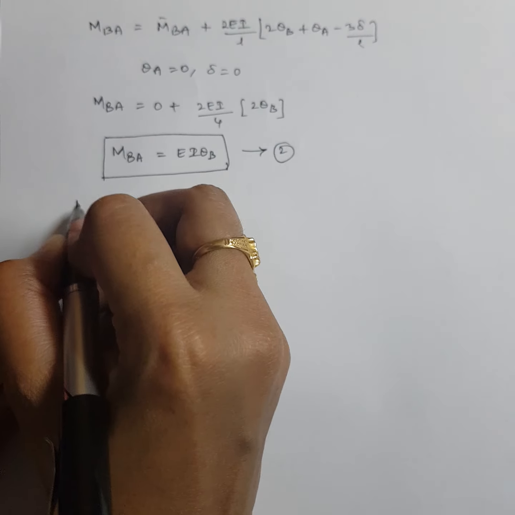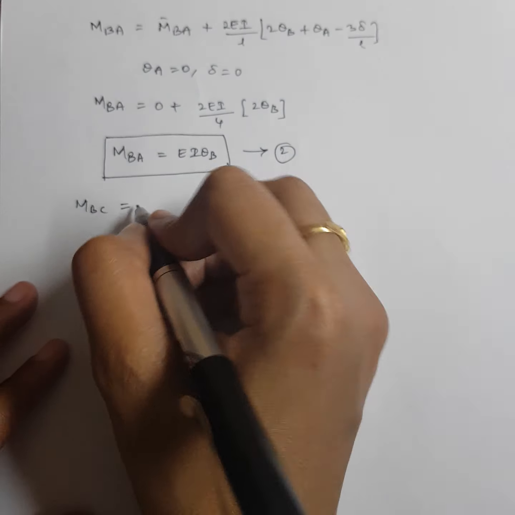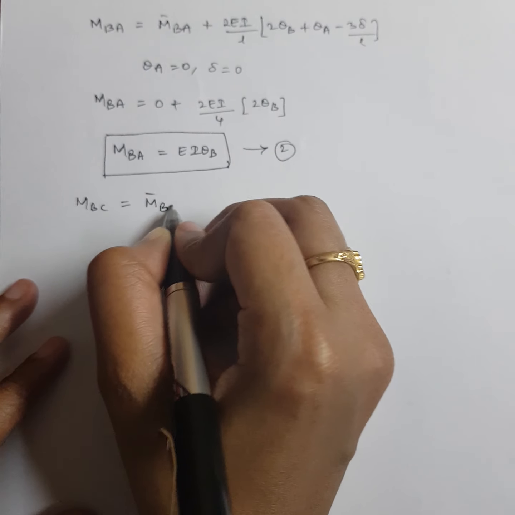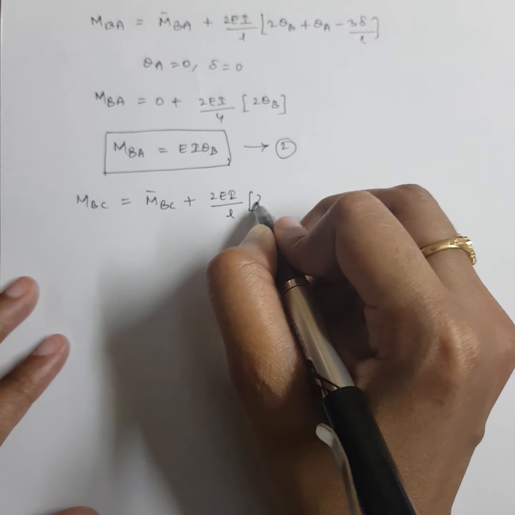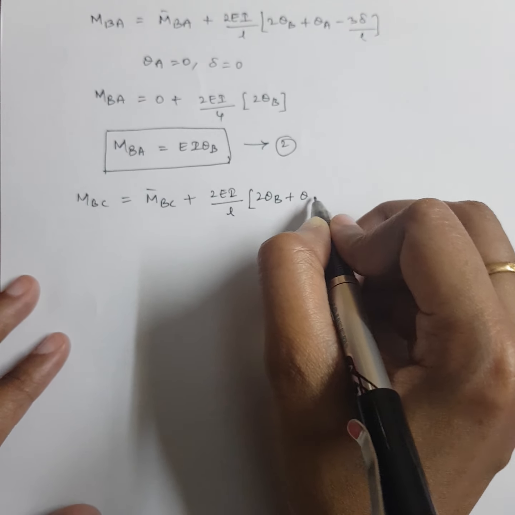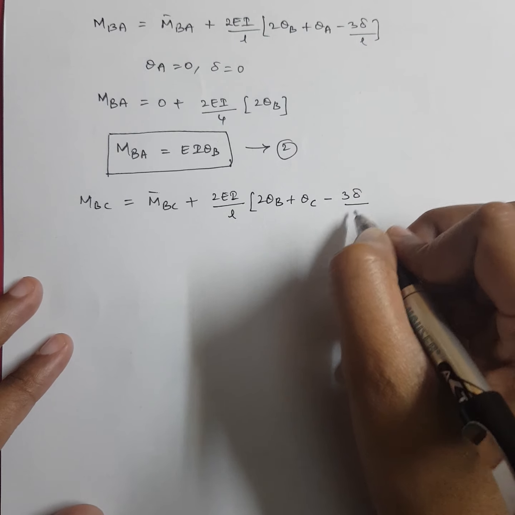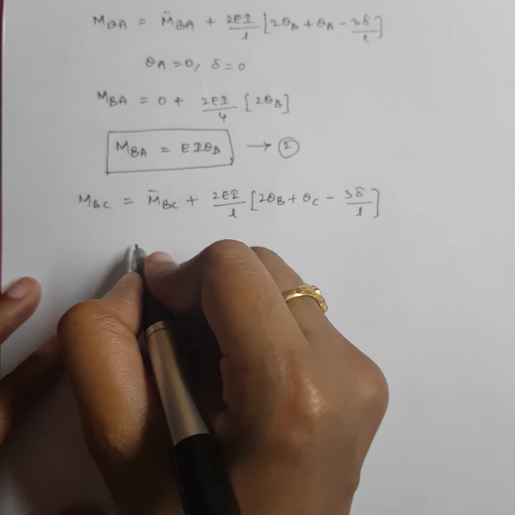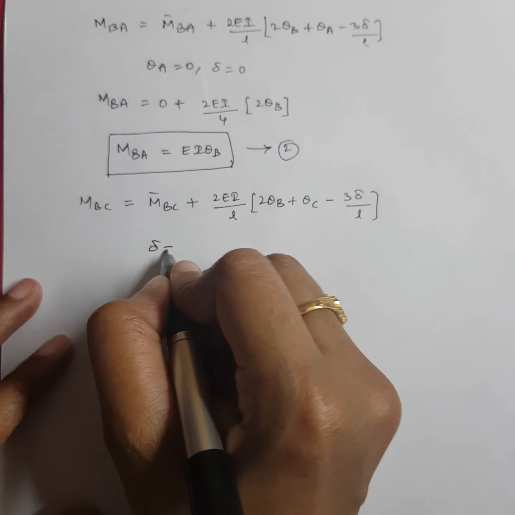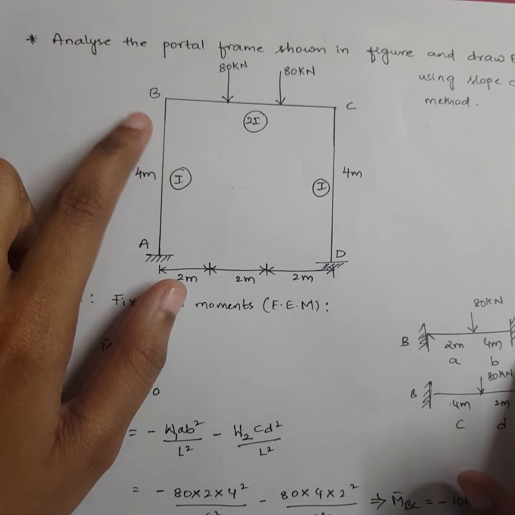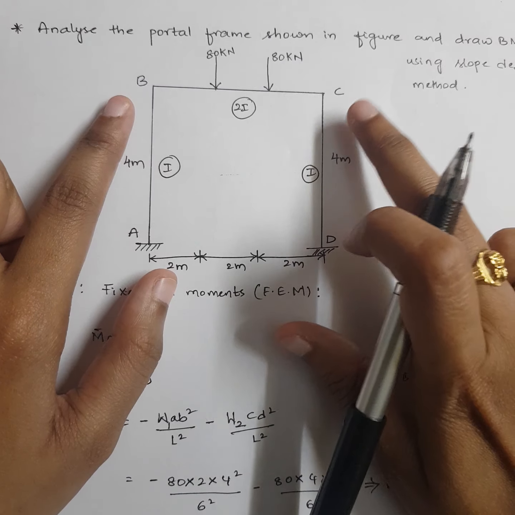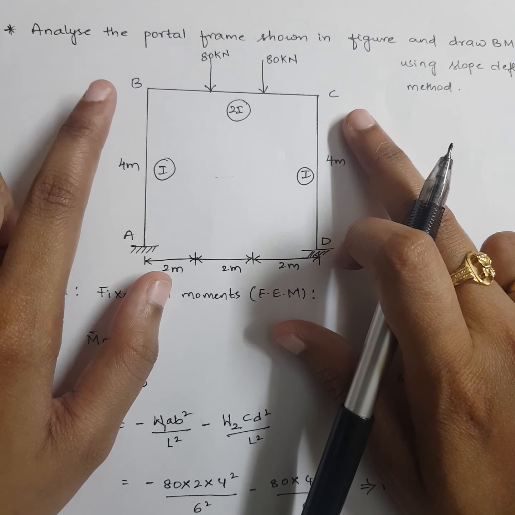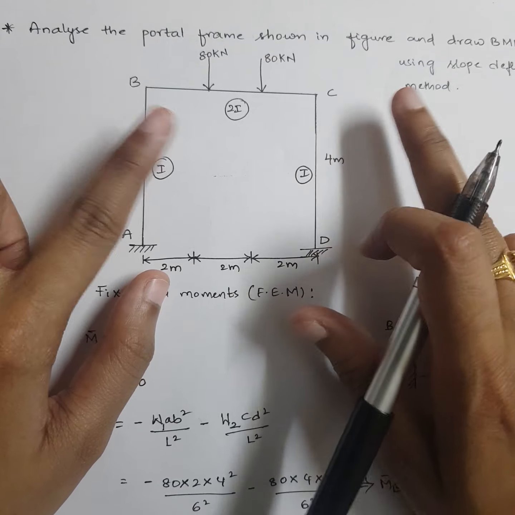Similarly, let's solve for MBC. MBC is equal to M bar BC plus 2 EI by L into 2 theta B plus theta C minus 3 delta by L. Only delta will be 0 in this case, because B is not fixed, so theta B will exist, and theta C also will exist, but delta is 0 because there is no swaying.